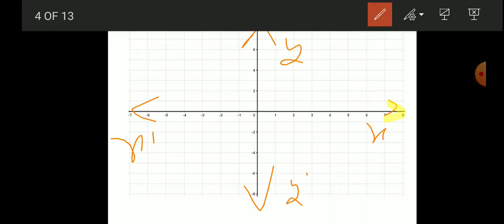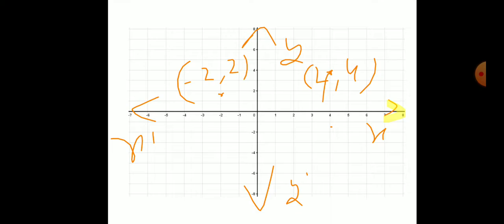Suppose I locate a point here, then the coordinate would be 4 and 4. So 4 comma 4 is the location. Similarly, if I put a point here, it is minus 2 comma plus 2. So this is the coordinate of a point in two-dimensional geometry. You already know about that. Let us move ahead.